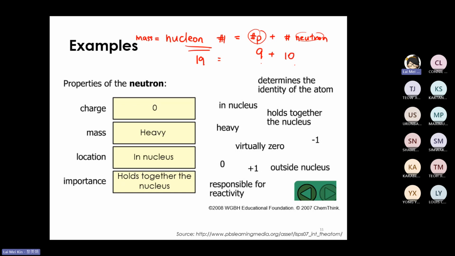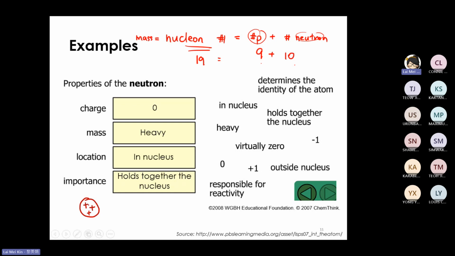Can somebody try to explain why you think neutron can hold together the nucleus? Why is it this function? Zero charge, very good. Let's say in this circle of nucleus, I have protons.